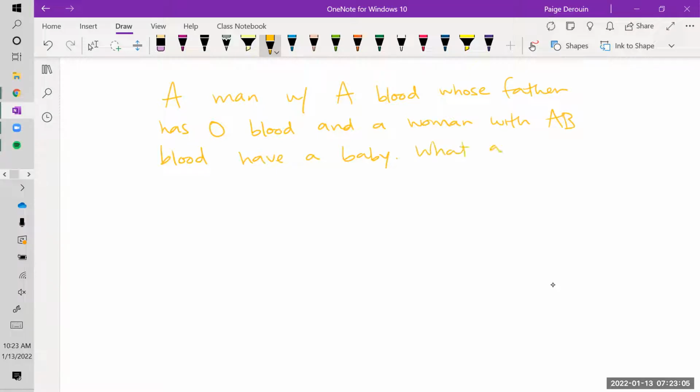What are the possible blood types? Okay.